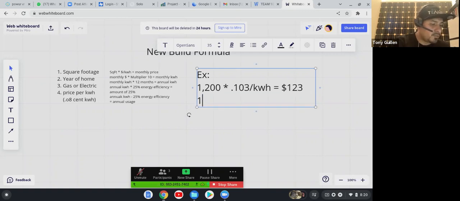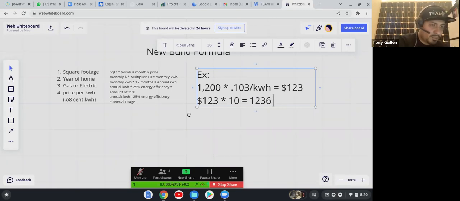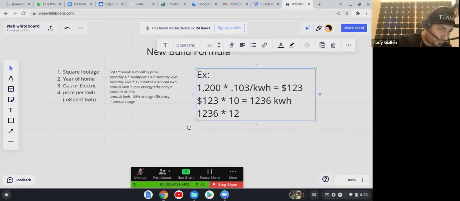Now we're going to do the monthly price times 10. What do we get, David? 1,236. Okay, and this is the monthly consumption. Now we're going to multiply it by 12, and that's going to be our annual consumption.